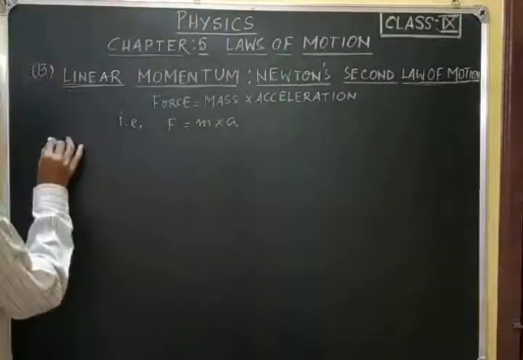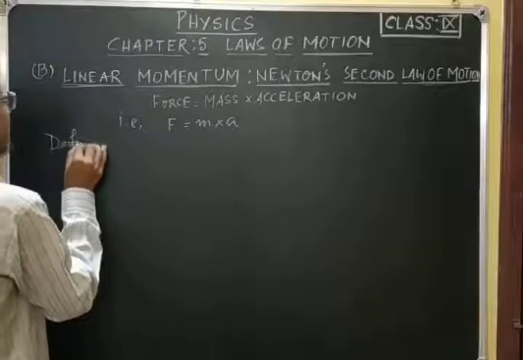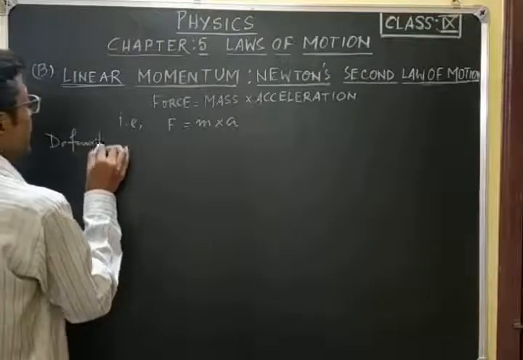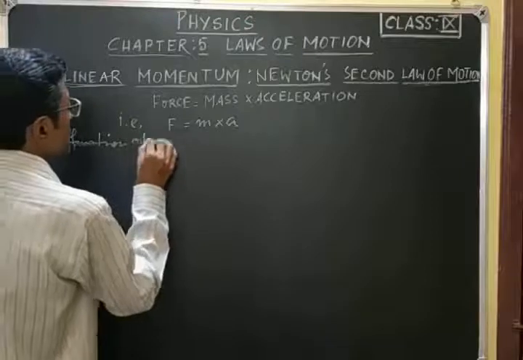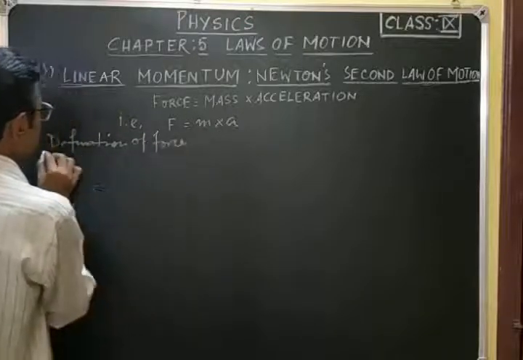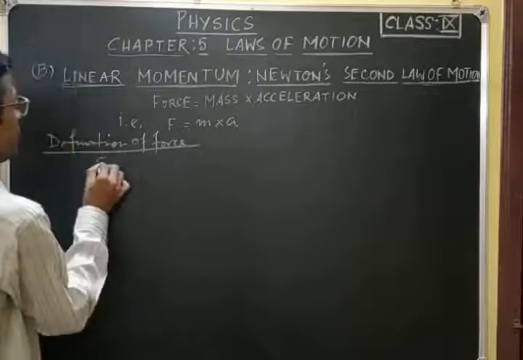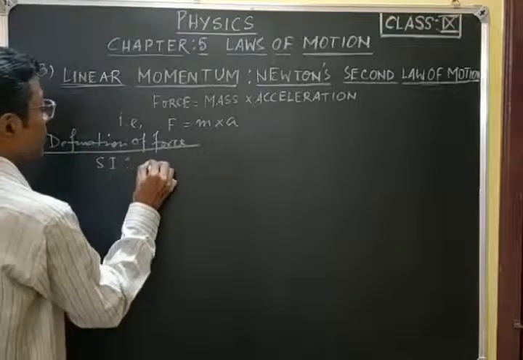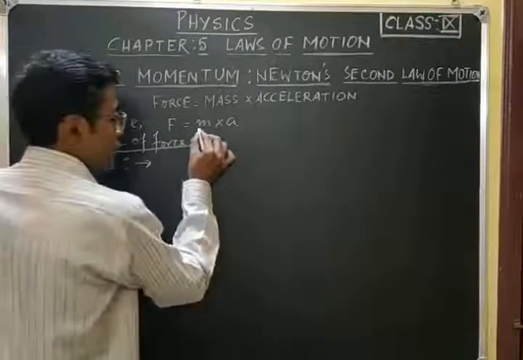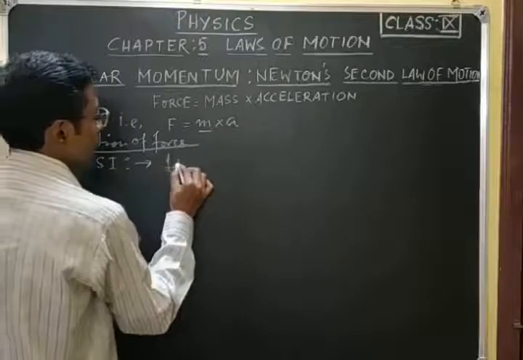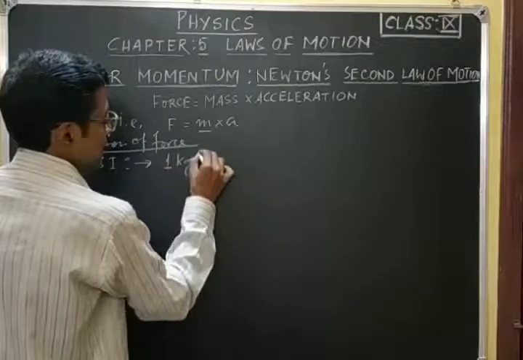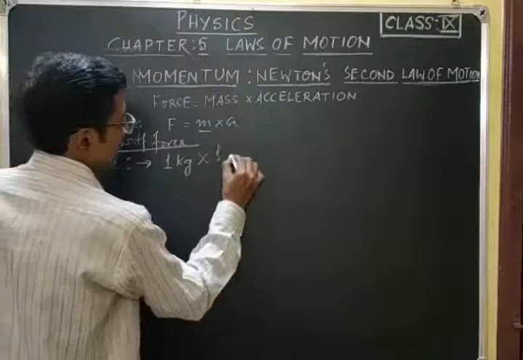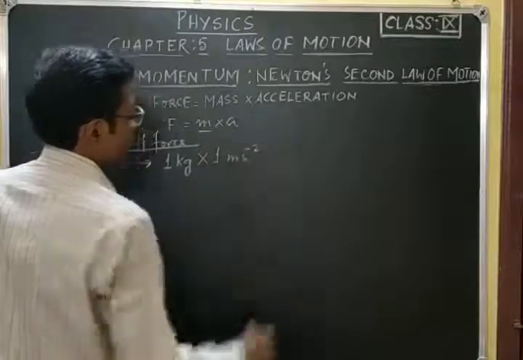Now we will define the force. Definition of force. Very importantly, I am doing it for the SI system. What is the value of mass in the SI system? 1 kg. And what is the value of acceleration? 1 meter per second square.